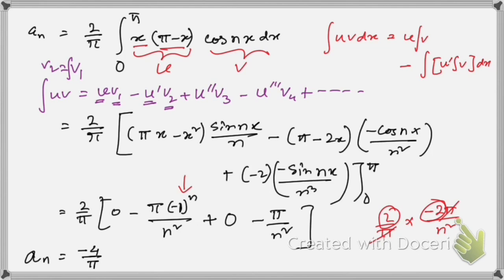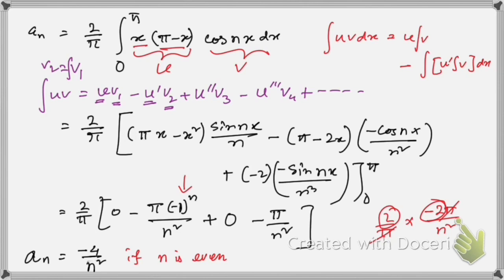Sorry, I made a mistake here, that should be n square, not pi. When will it be n square? If n is even. So what if n is odd?